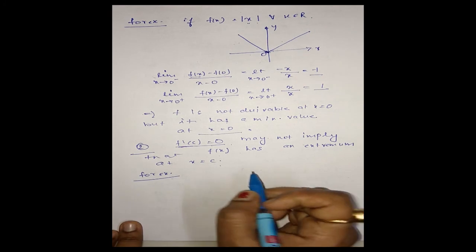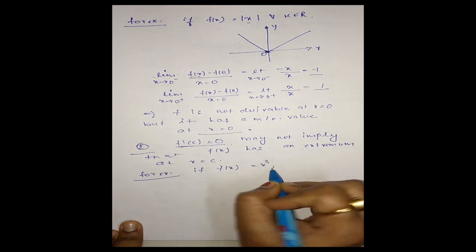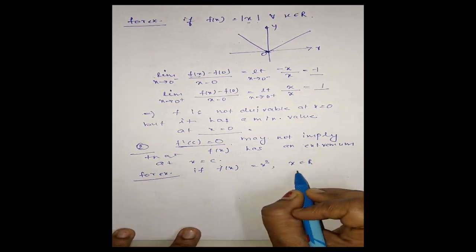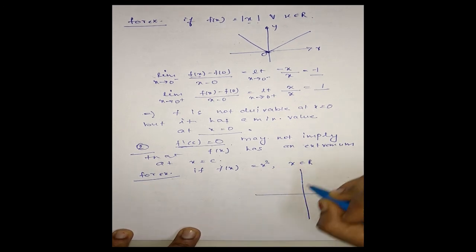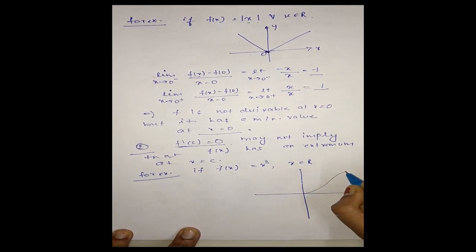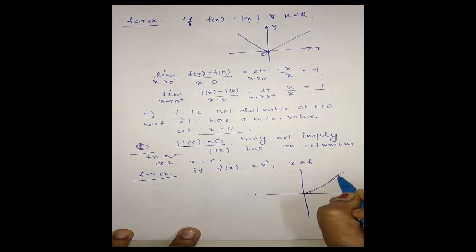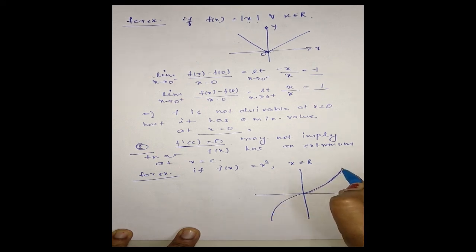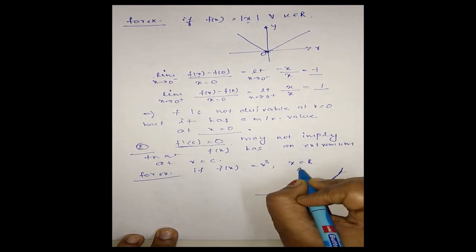Okay, for example, if I consider the function f(x) is equal to x cube, where x belongs to the real line, then the graph of the function x cube is of this form. Okay, this is 0, this is x axis, this is y axis.